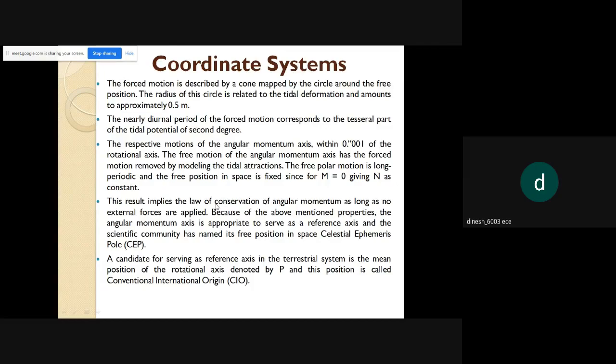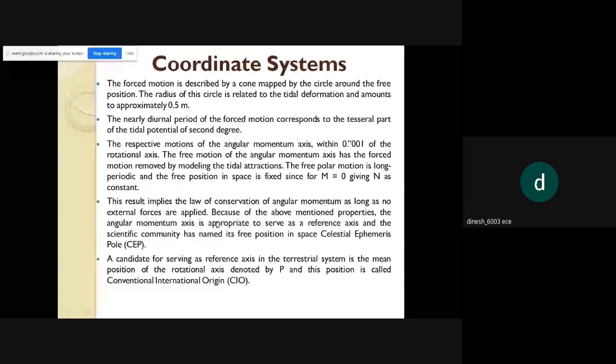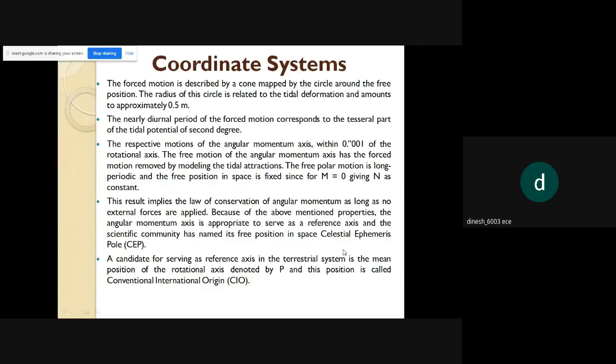We need to take the law of conservation of angular momentum, which holds as long as no external forces are applied. The properties mentioned above serve as a reference axis, and the scientific community determines its free position by the celestial ephemeris pole, CEP for short.